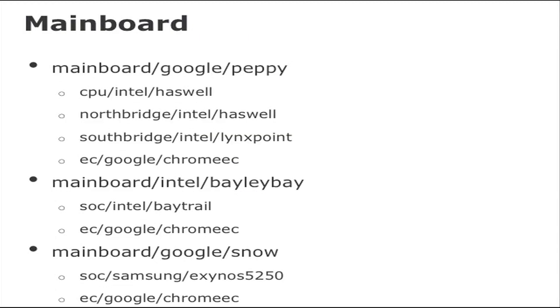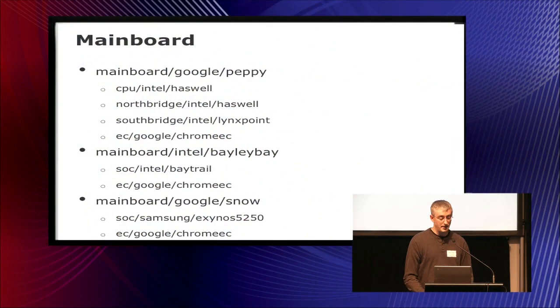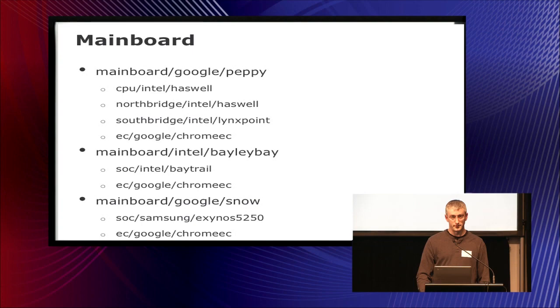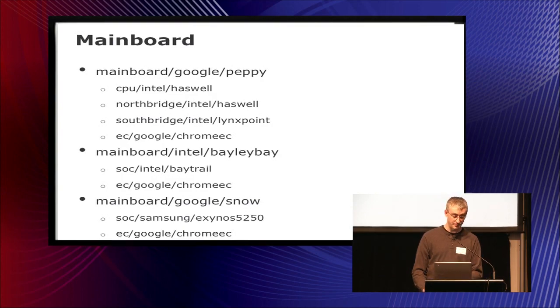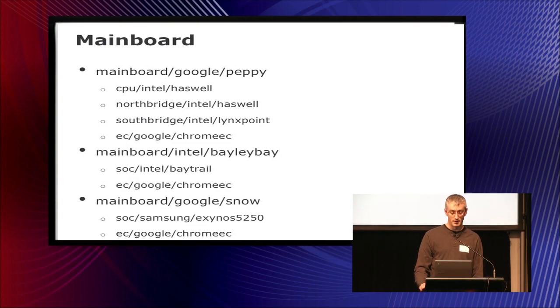So when you take these pieces and integrate them, or you're trying to define a new mainboard, you may integrate from different supported components. Like the Peppy project has a Haswell CPU, Haswell North Bridge, a Lynx Point South Bridge, and a Chrome EC. And so it'll define and include pieces from all these other different areas of the source.